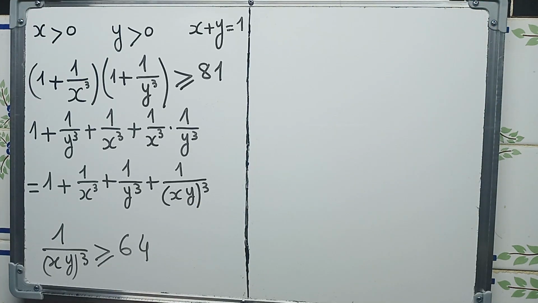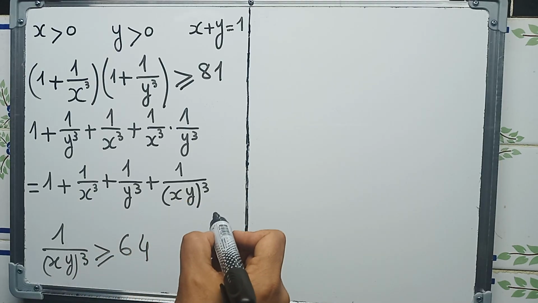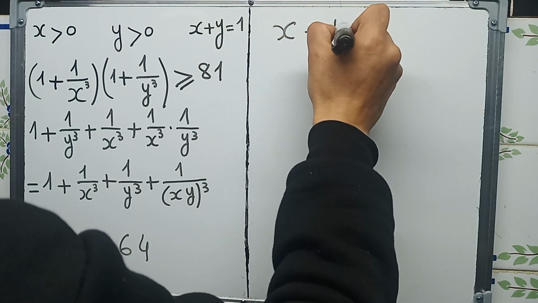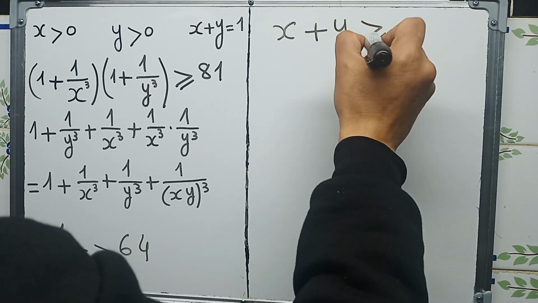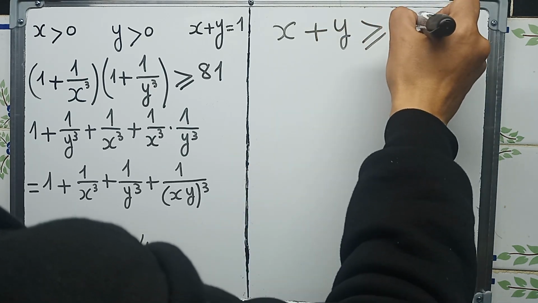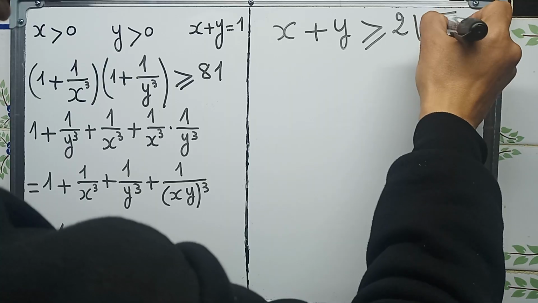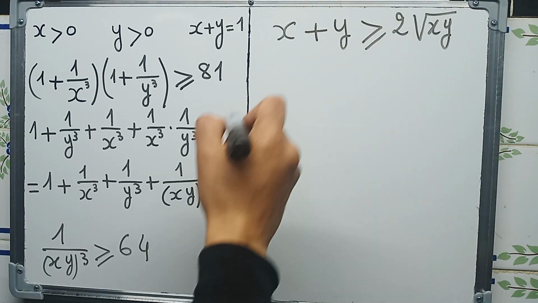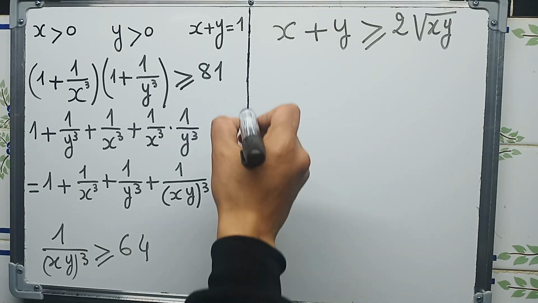The second one is that for x and y positive numbers, we have x plus y is greater than or equal to 2 square root of xy. And to prove it, we just take the difference as in the previous example.